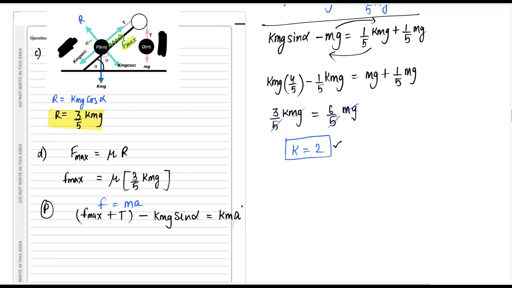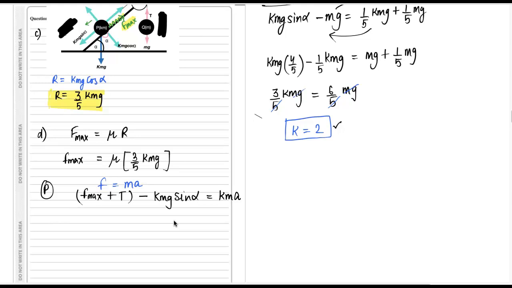Okay, now you tell me one thing. Can we substitute the value of A, which was 1/5 of G, here? Just think. No, we can't, because it was acceleration when the object was moving, sliding down. Let me take some of my words back.